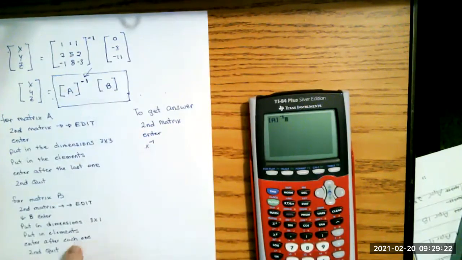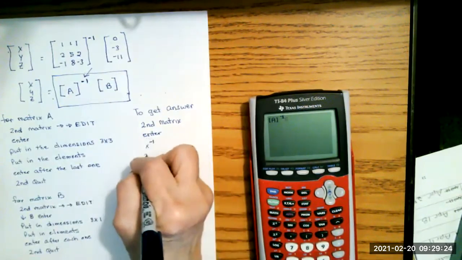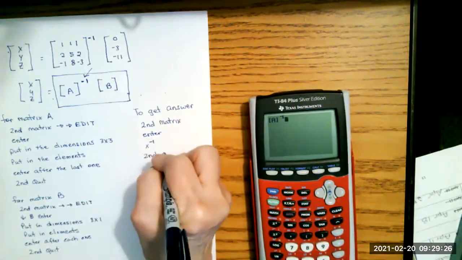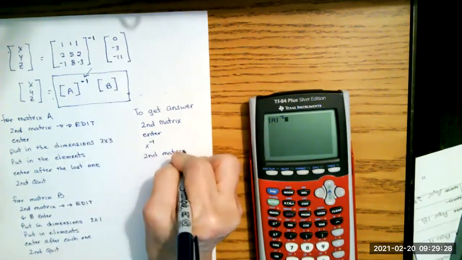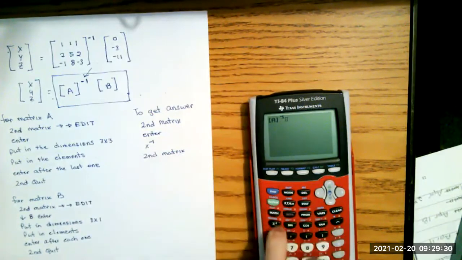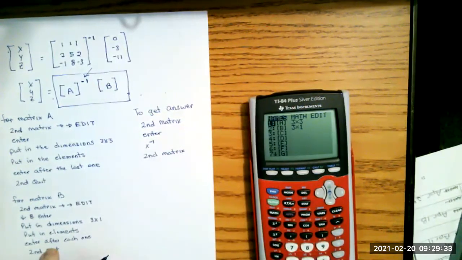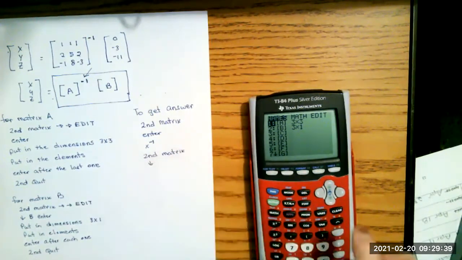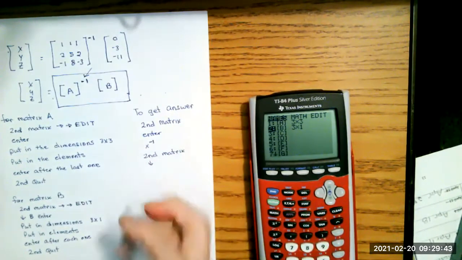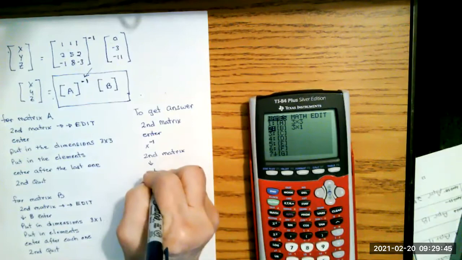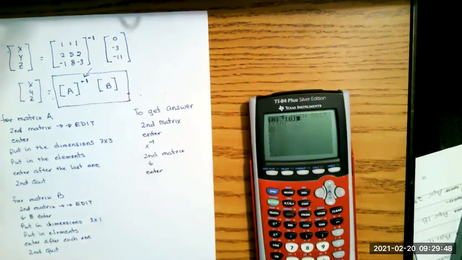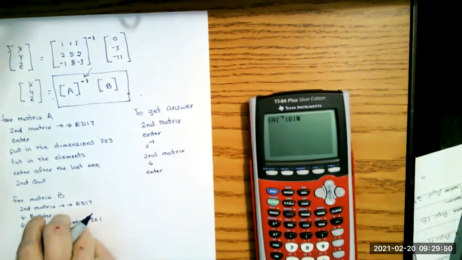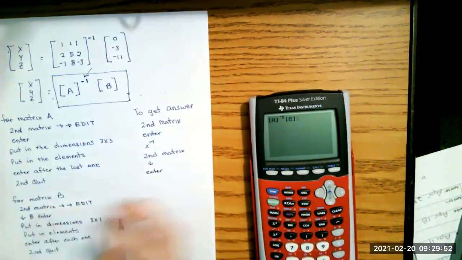Now then, I want matrix B. So I do second matrix, and I can see that A is highlighted, but I don't want A. I want B, so I have to arrow down one until B is highlighted, and then I hit enter. And it will put B on my screen. Now I'm ready to get my answer.